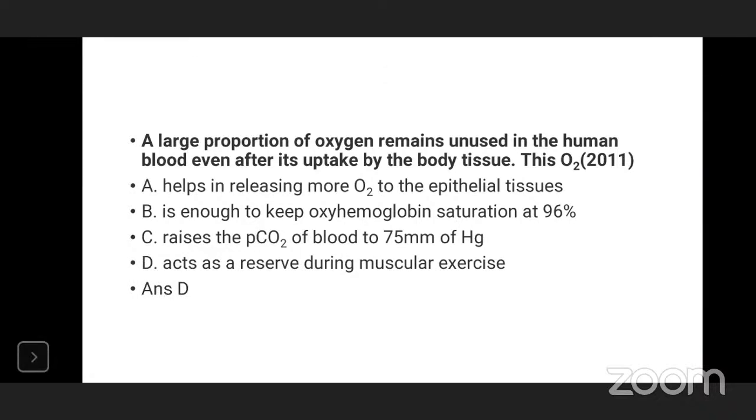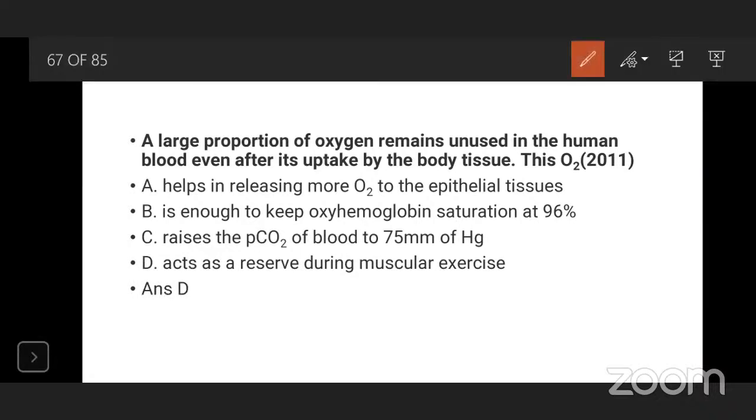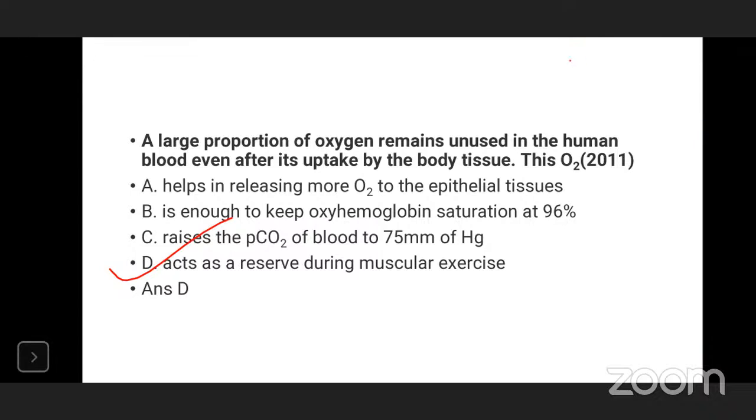So the correct answer is D. The excess oxygen which remains unused will be stored in the myoglobin of the muscle tissue, reserved in the body so that it can be utilized during muscular exercise, because we don't need that much oxygen. So the excess of oxygen will be reserved and used during muscular exercise.